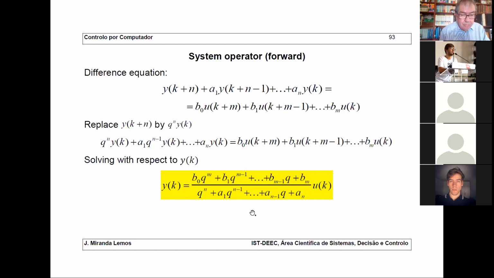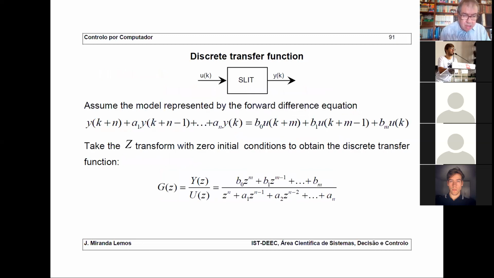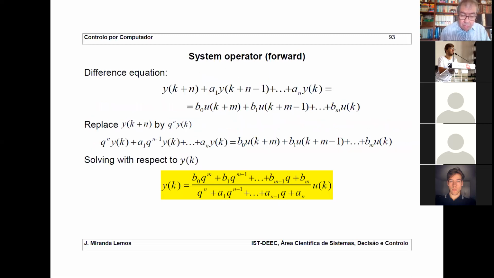Okay, you can say, well, this is the Z transform. This is nothing more than the discrete transfer function, but there is a difference because here you have the Z transform, you have the Z variable, which is a complex variable, and here you have an operator.